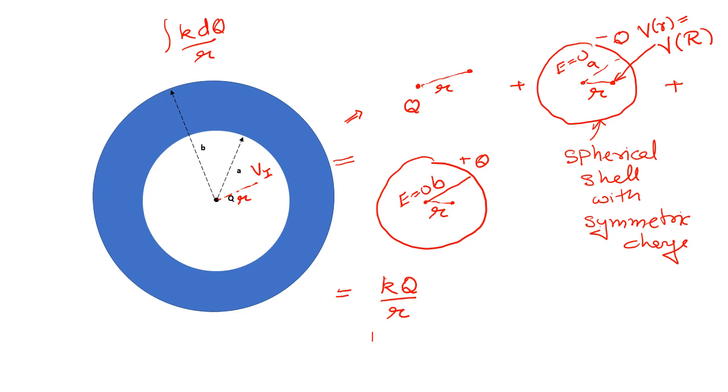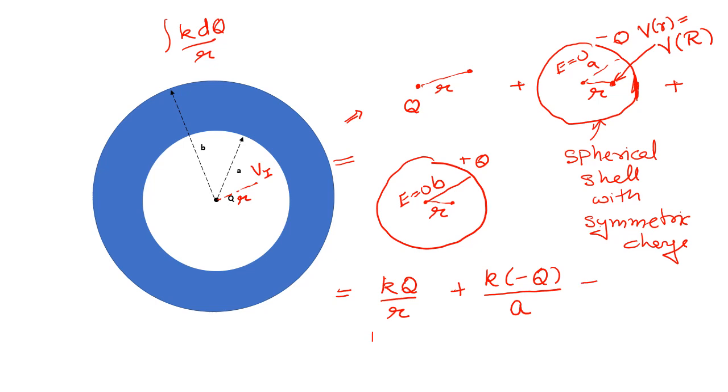So the potential at the center is simply the potential on the surface, and the potential on the surface is as if whatever charge is sitting on the surface is sitting at the center. So the potential due to the charge minus q sitting on the surface, acting like a point charge at the center, is k times minus q by a on the surface, which is the same potential at r.